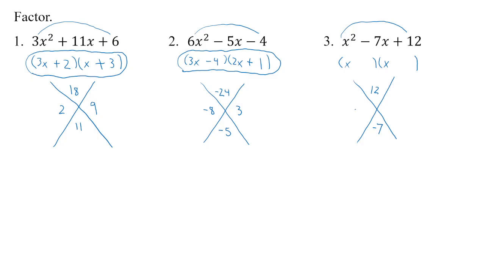And those two numbers are -3 and -4, because -3 times -4 is positive 12, and -3 plus -4 is -7. And you're going to end up dividing both of those numbers by 1. So you might as well just go ahead and put them in. And therefore, your solution is x minus 3 times x minus 4.